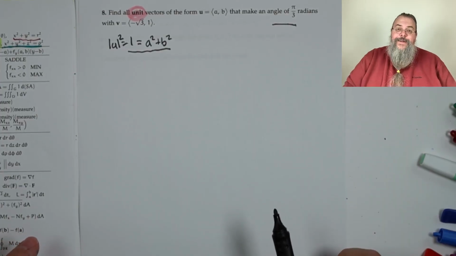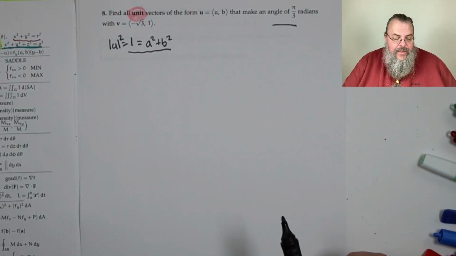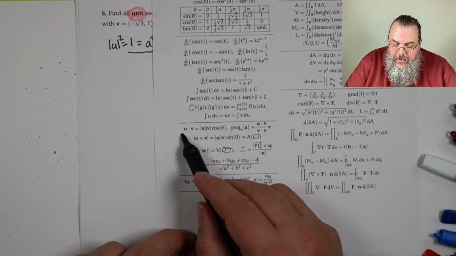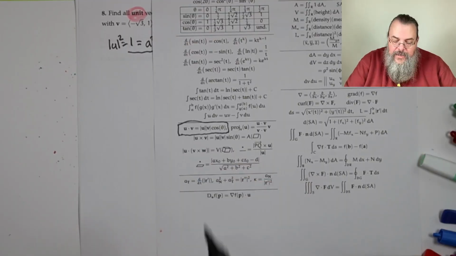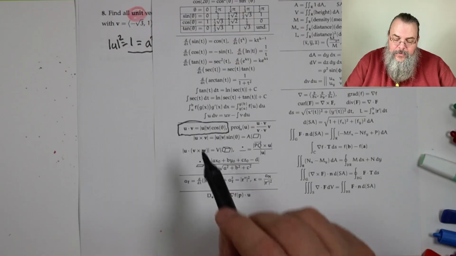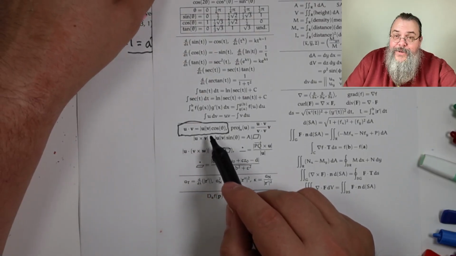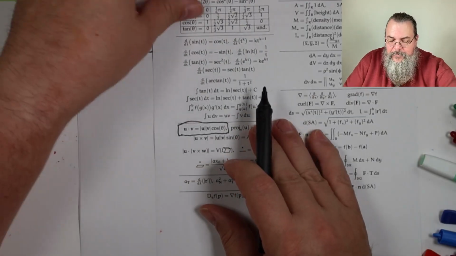Now, how do we deal with angles? When you're dealing with angles between vectors, you think dot product. So we say, aha, u dot v is magnitude of u, magnitude of v, cosine theta. So that's going to be our go-to here.